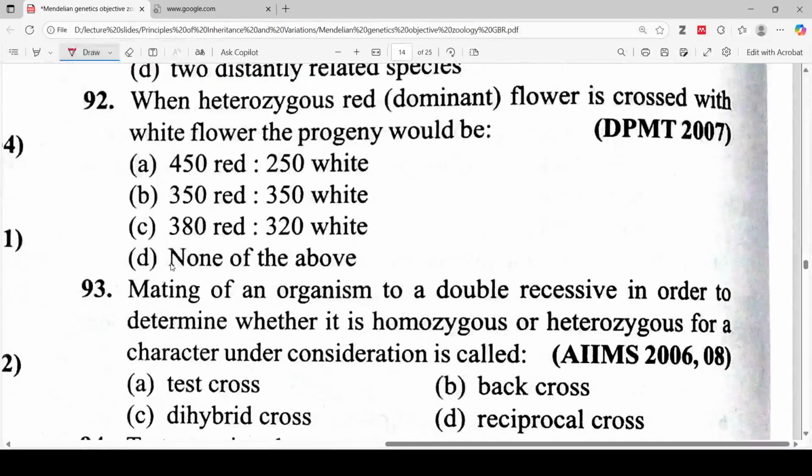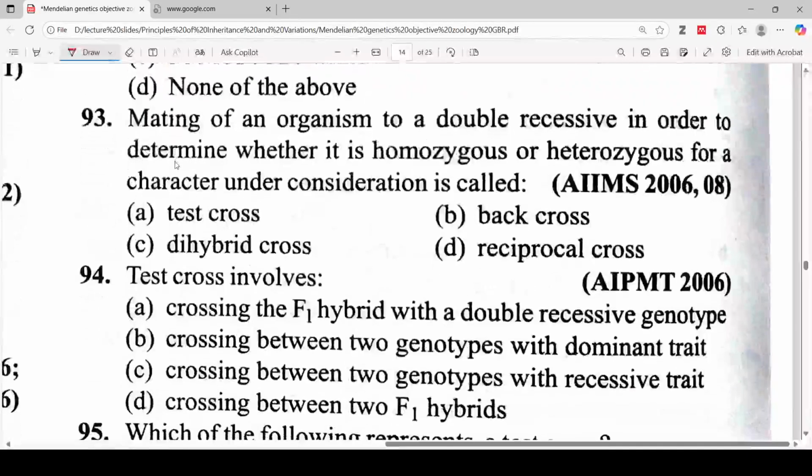Next question. When heterozygous red flower is crossed with white flower, the progeny would be. So now the correct answer is option B. Next question.